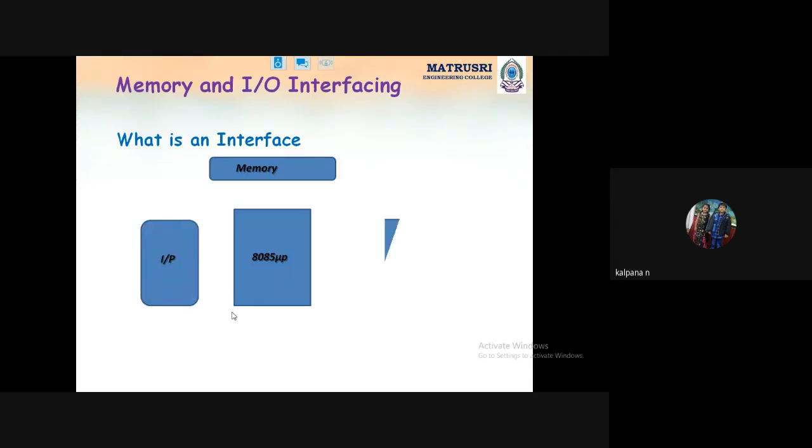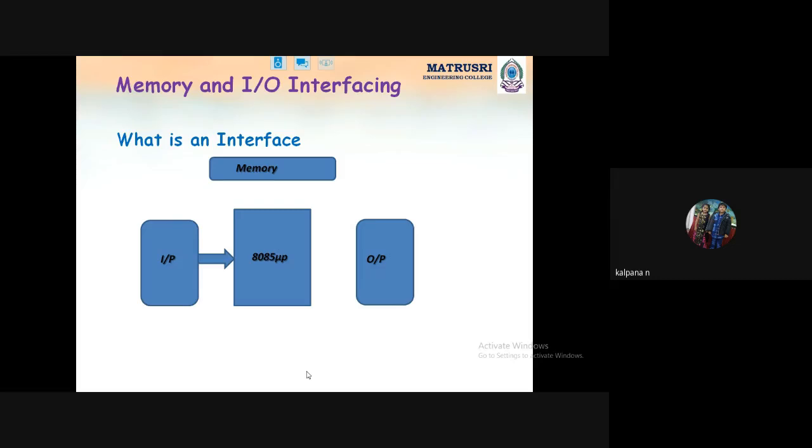and an output. All these are different parts, different devices. CPU is one device, input is one, output is one device, memory is also one device. Now, in order to utilize the microprocessor, we are connecting input to the 8085 microprocessor.